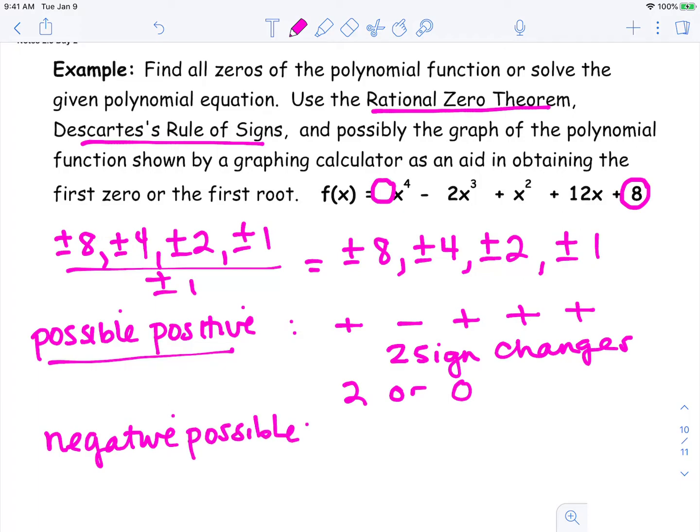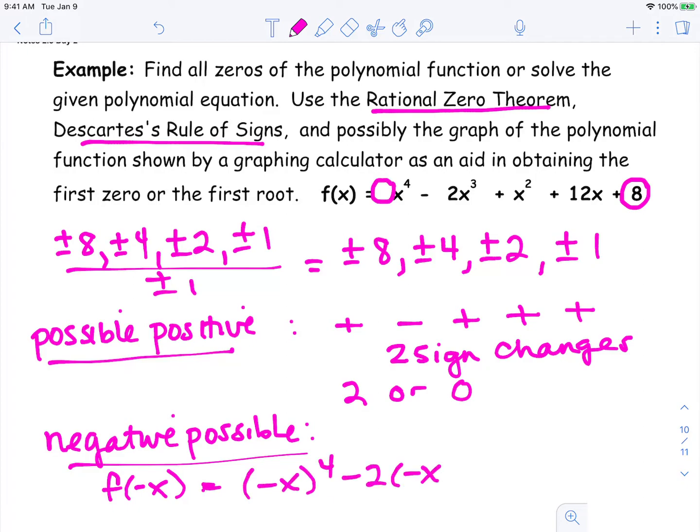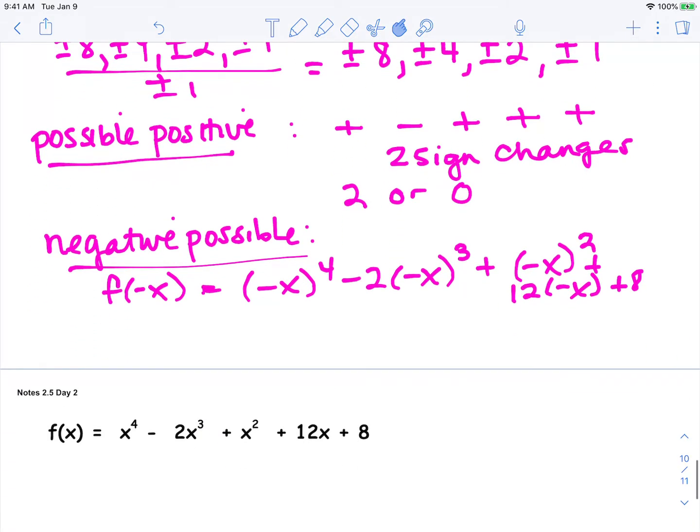we need to evaluate the original function for negative x. And then simplify it.